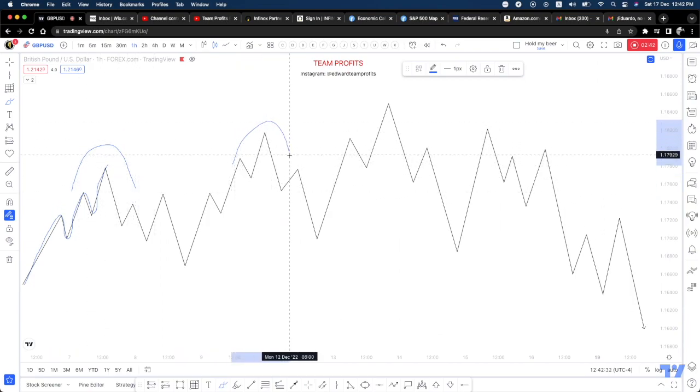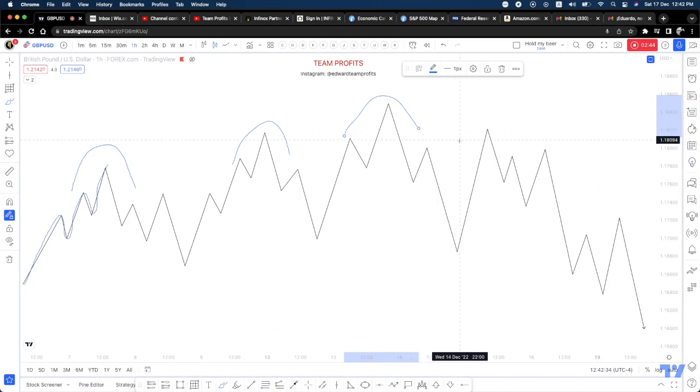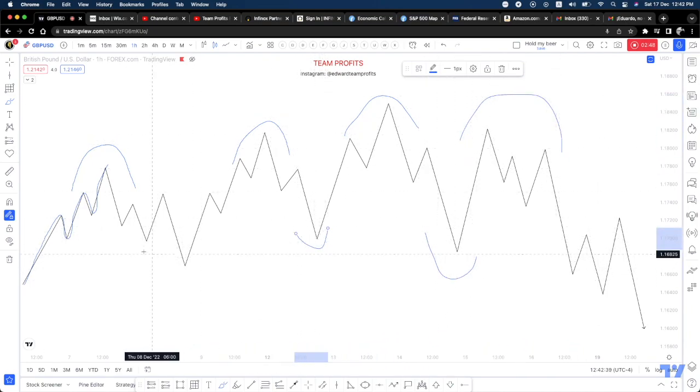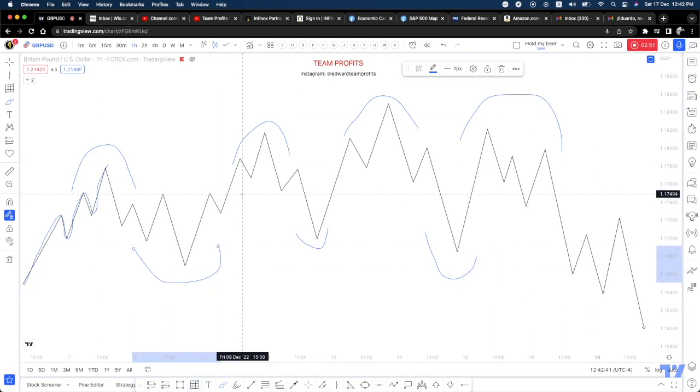Like, for example, here or here or here, even in these areas right here, below these lows right here. We're normally going to see, internally, a BOS and a change of character, most likely if the price wants to reverse. That's why it is always very important to understand the structure, mark up the actual structure.